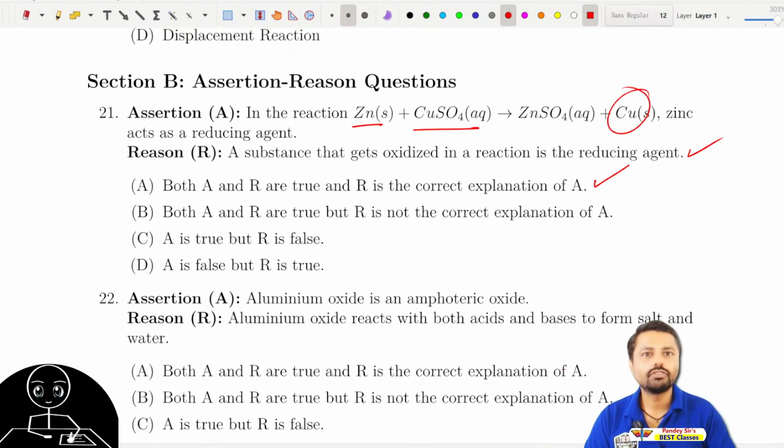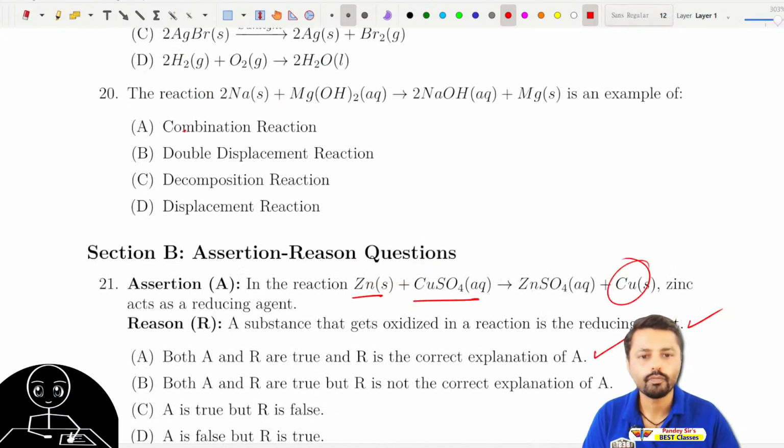Now I will give one simple explanation of what a reducing agent is and what an oxidizing agent is. Let's say we took H2SO4, sulfuric acid. Let's take something even simpler, HCl, hydrochloric acid, plus CaCO3.